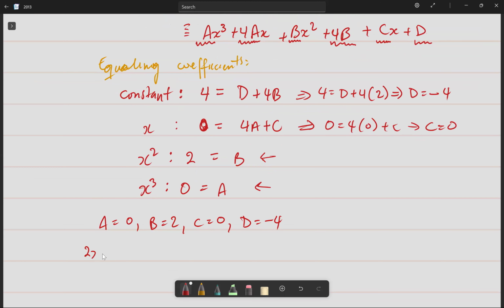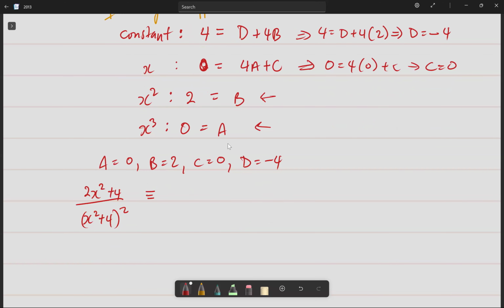So we can rewrite the expression 2x squared plus 4 over x squared plus 4 all squared. Remember that we said it was equal to ax plus b all upon x squared plus 4 plus cx plus d all upon x squared plus 4 all squared.